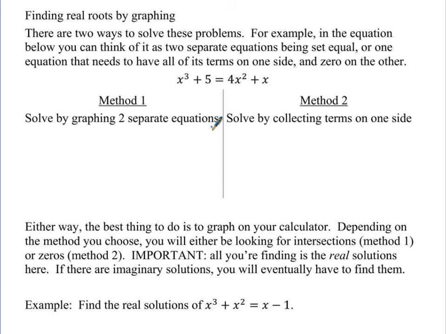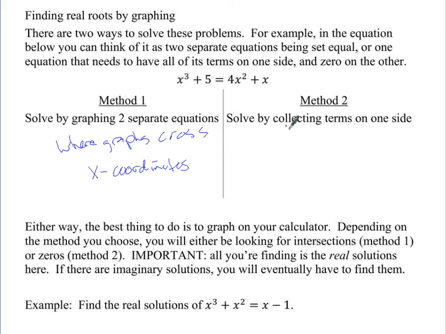So what I would have to do on a problem like that is look at where the graphs cross, and that's just going to be taking the x coordinates. You'll have 2 graphs. They'll cross. I'll find where they cross using the intersection command on the calculator, and I'll only be concerned about the x coordinates.